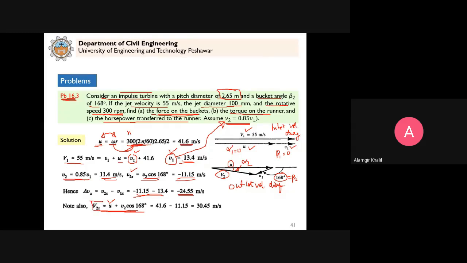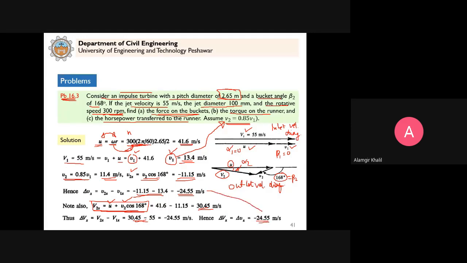We proved this for the 3 cases, that whatever the shape of the triangle, this will be the relationship between the 3 velocities in the u direction, when we studied momentum and forces in fluid flow. So this is how this equation is used. We calculate V2x as this much, V1 is 55, so we can calculate delta v, which is minus 24.5.